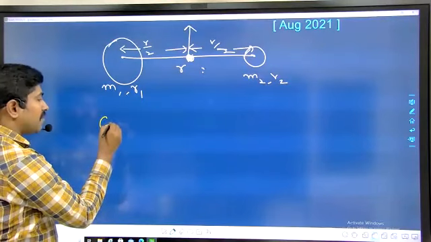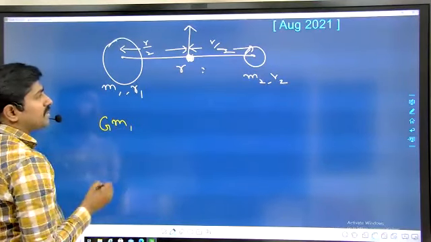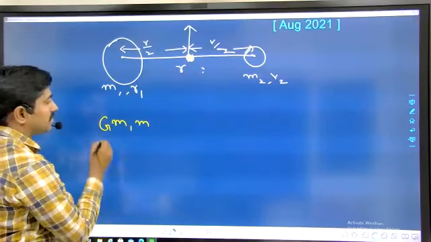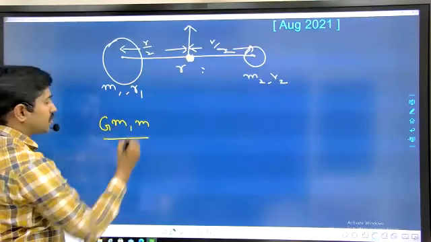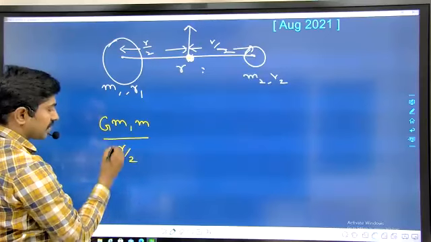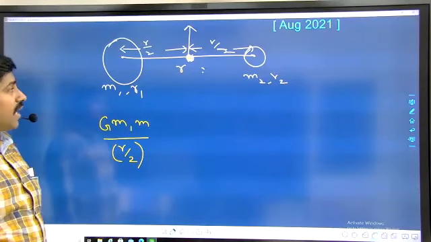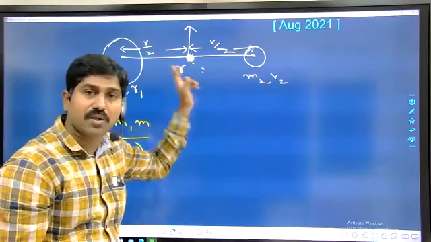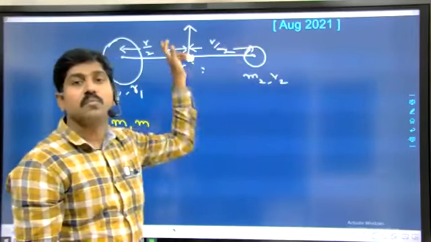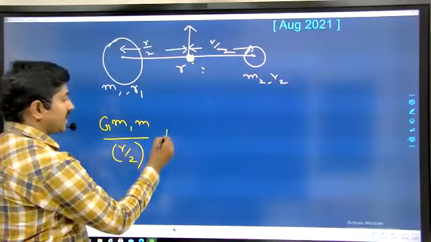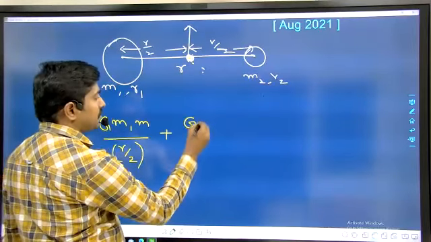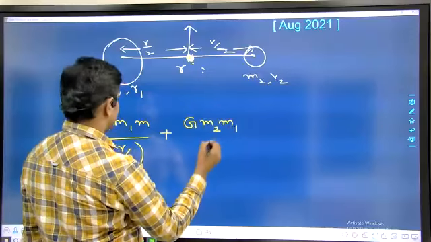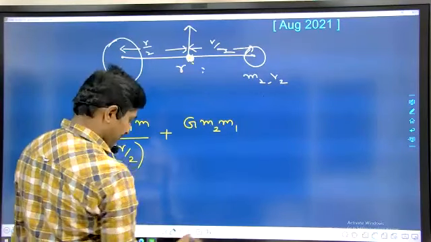G into mass of the Earth m1, into the mass placed at this point, small m, by the distance r by 2. And here there is potential energy not only due to Earth, but also due to Moon. So I can take plus G into mass of the Moon into mass of this object, m only, na?